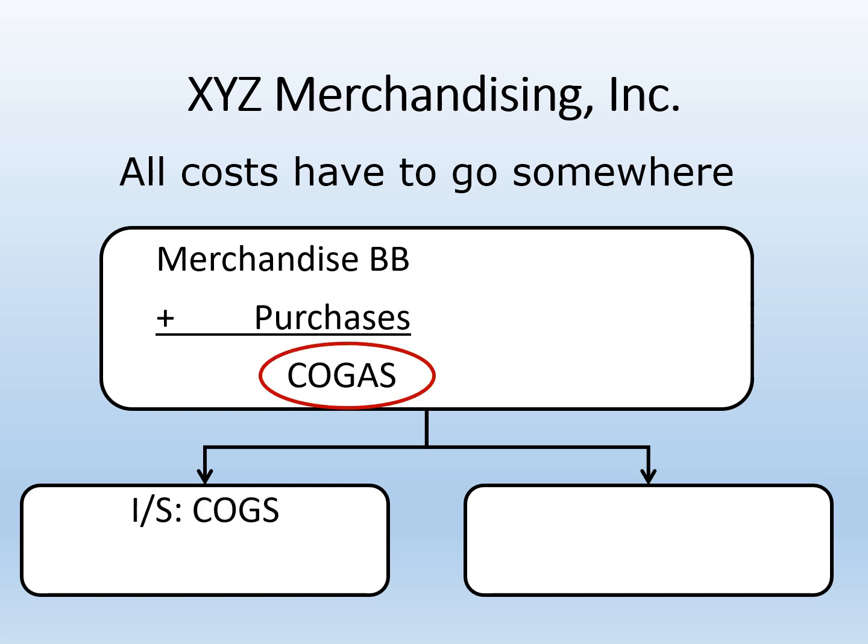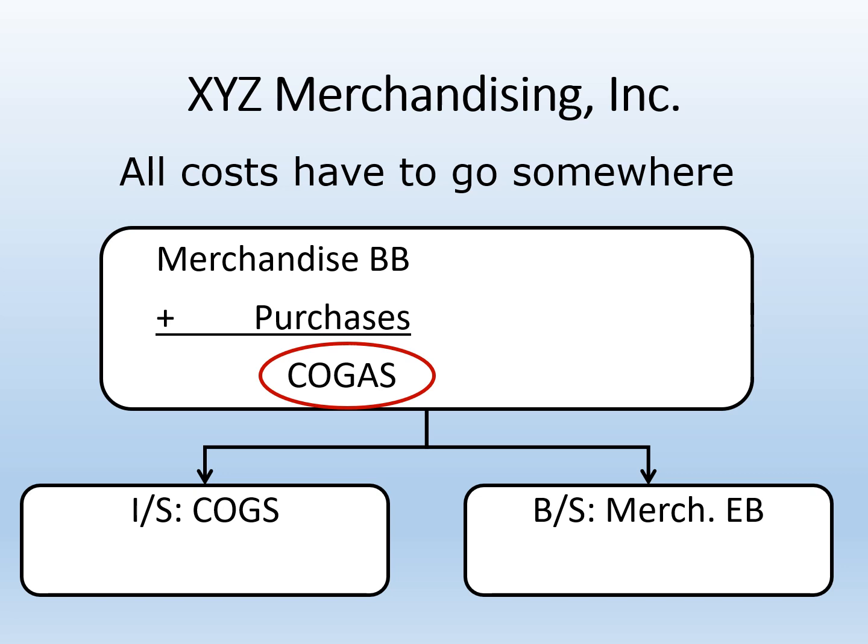Some of the inventory was sold to customers, and the dollar value of those goods belongs on the income statement as cost of goods sold. The rest of the inventory wasn't sold, so it should still be on the shelves, and the dollar value of that inventory belongs on the balance sheet.